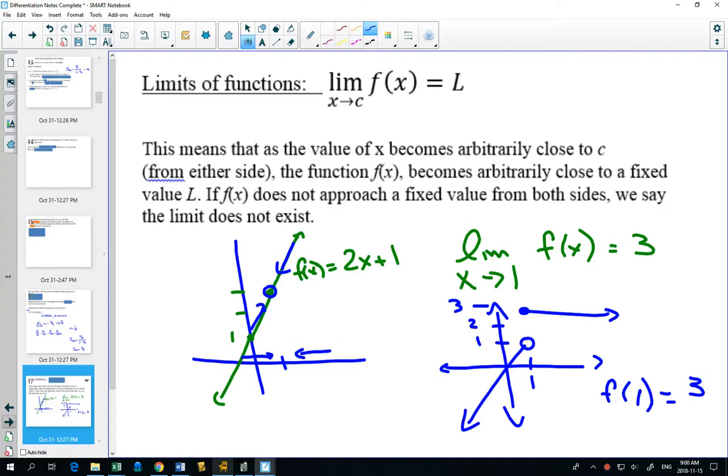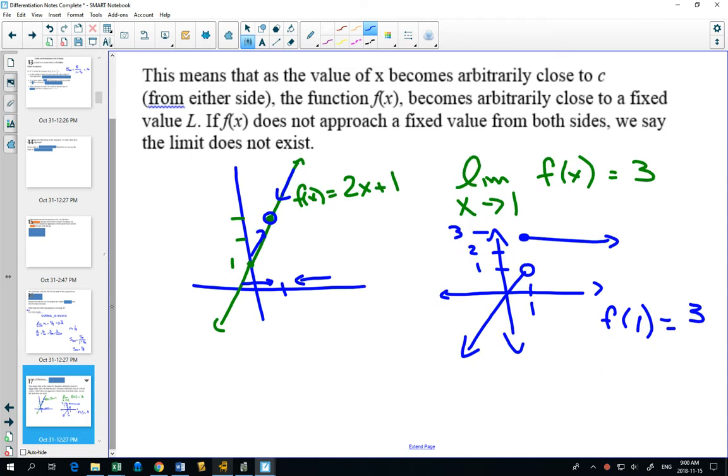But on this graph, we would say our limit as x goes to 1 of this function, f of x, does not exist. Because if you approached 1 from the left, you would say it's getting closer to 1.